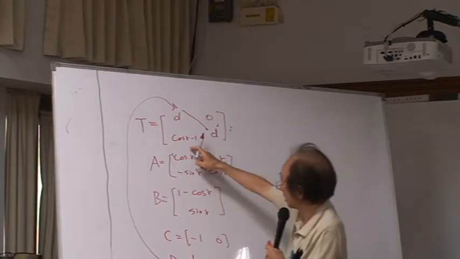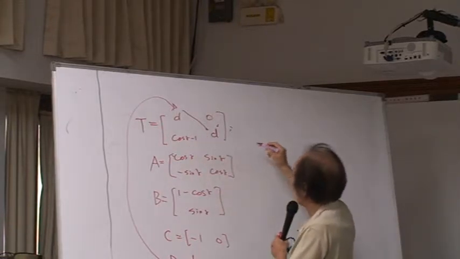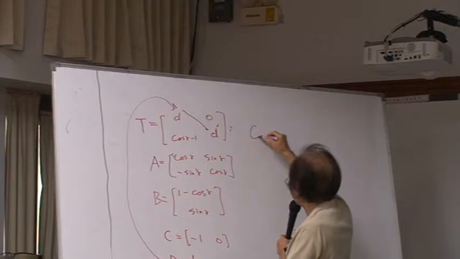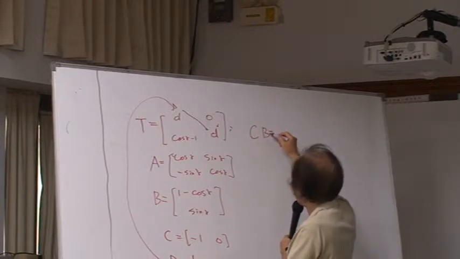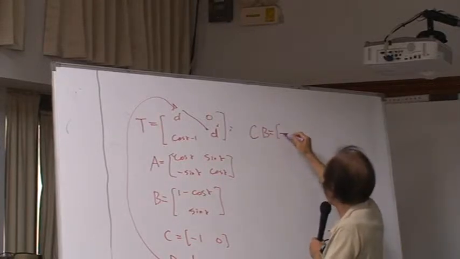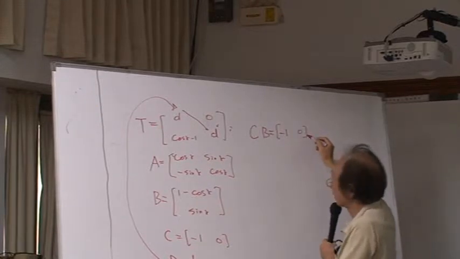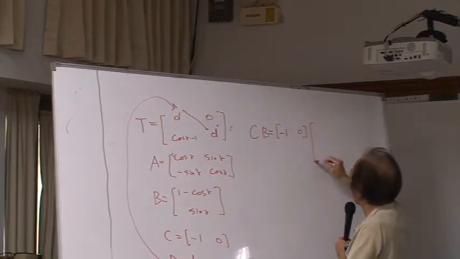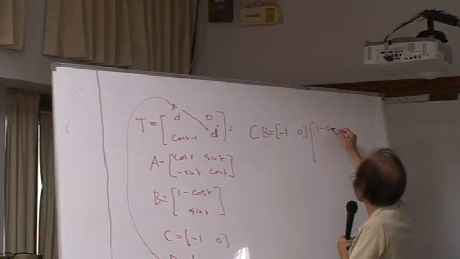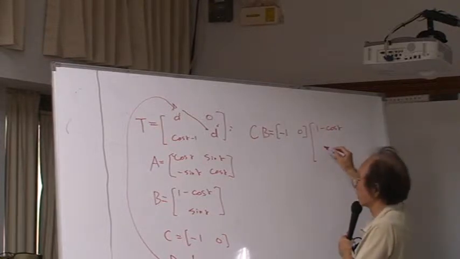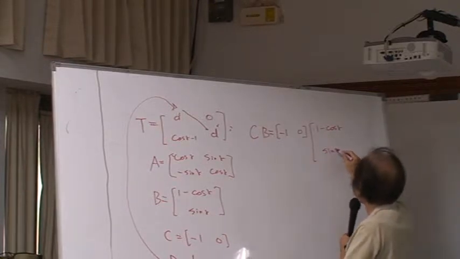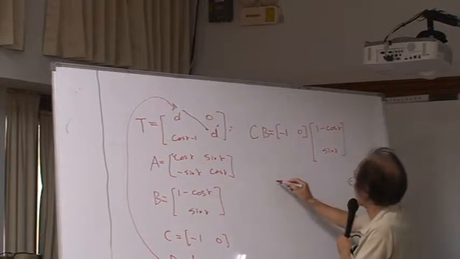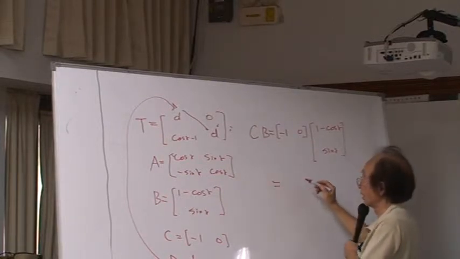And then this term, if I put CB here, C is equal to minus 1, 0, and B is 1 minus cosine gamma, sine gamma. And that equal to what?